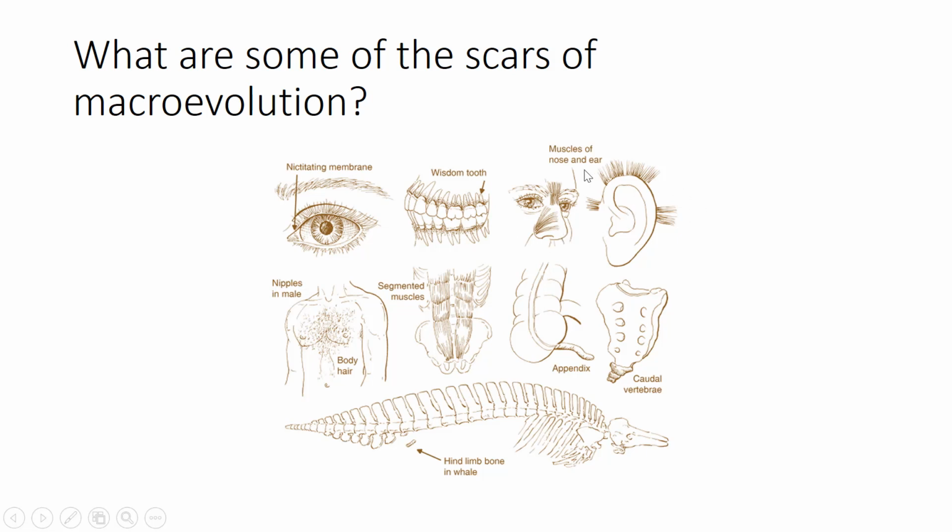These muscles of the nose and ears, they don't seem to be used in most people, but maybe were earlier in human history. Here, the wisdom teeth, third set of molars, again, we talked about this, that maybe these are truly vestigial and we used to be larger than we are now. Hind limb bones in whales, and many of these function in reproduction as a place for attachment of reproductive structures.